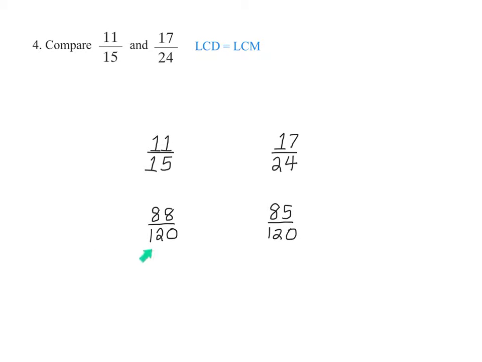And since 88 over 120 and 85 over 120 are like fractions, to compare them, we only need to compare the numerators. And since the numerator in 88 over 120 is larger than the numerator in 85 over 120, 88 over 120 is larger than 85 over 120. Therefore, 11 over 15 is larger than 17 over 24.